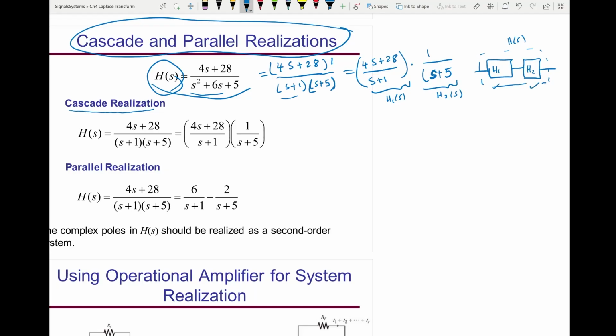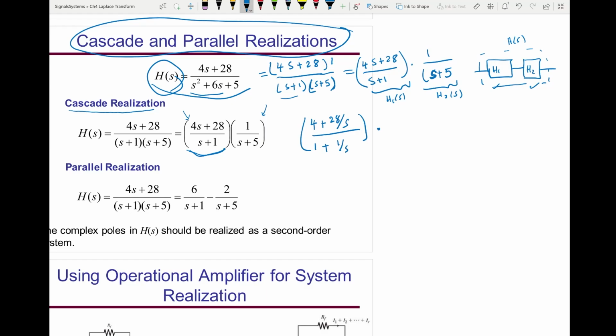So let's realize H1 first, which is this one. I divide numerator and denominator by s, so I will have 4 plus 28 over s, over 1 plus 1 over s. My second subsystem is this one.